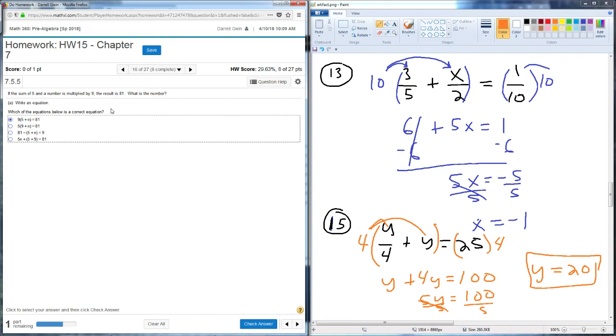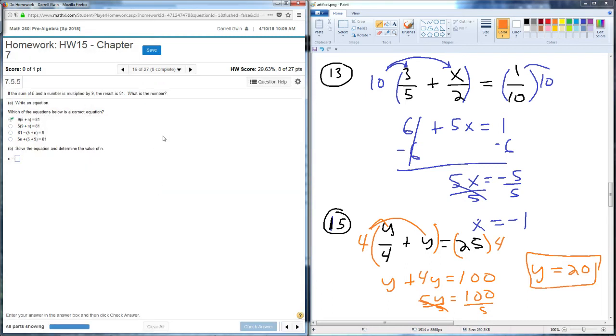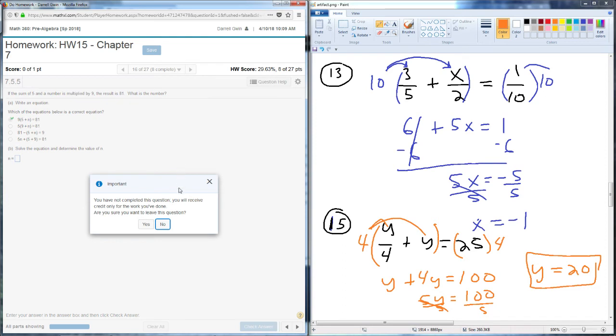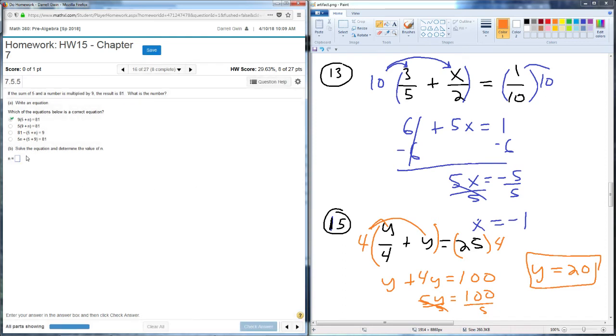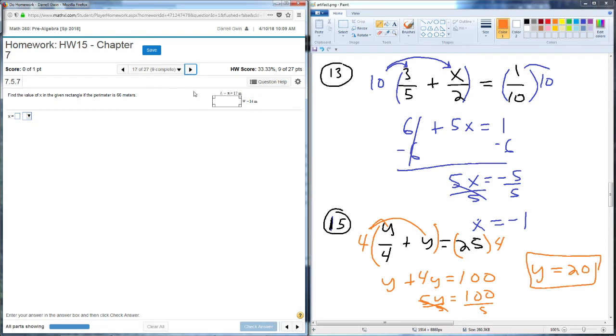Wait, hold on. 9 times 9 is 81, so it has to be 4 plus 5. I just did that one in my head. You guys should have to solve that one, like distribution.